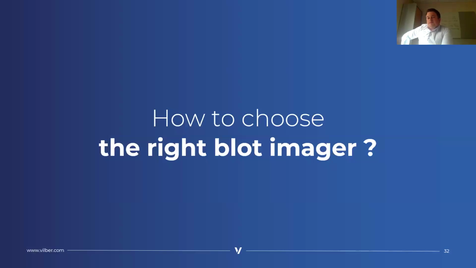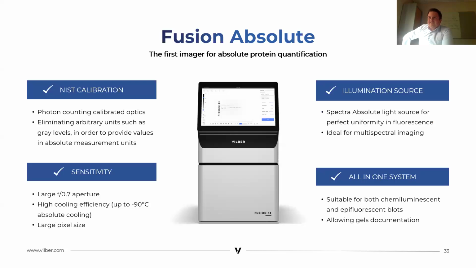So how to conclude, how to choose the right blot imager? First, as I said, the calibration is critical. With National Institute of Standards and Technology calibration, you move from an arbitrary gray level to true absolute quantification. The second is the sensitivity. It's very important to detect low quantities of protein, and a large aperture is important.